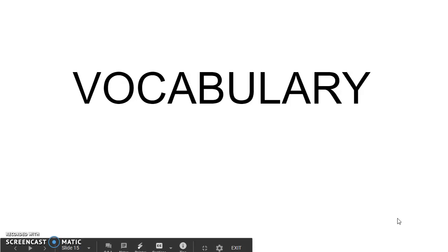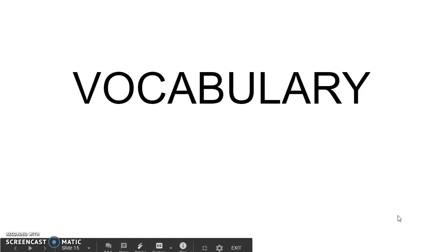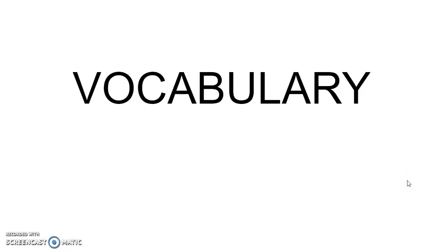So this is the vocabulary for Unit 1, Lesson 1. Now, don't be alarmed if you can't write all this down right now. I am going to put up an additional slideshow. I'm going to put it into your Schoology so that you can go through and take your time and write it very neatly in your vocabulary journal.